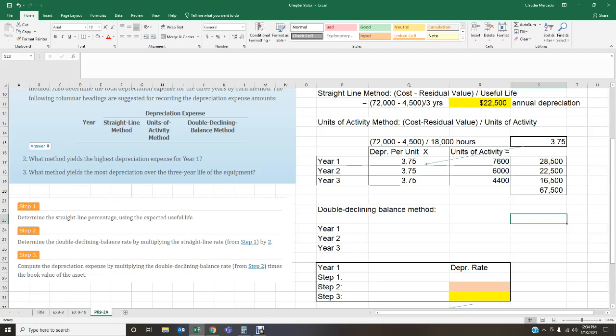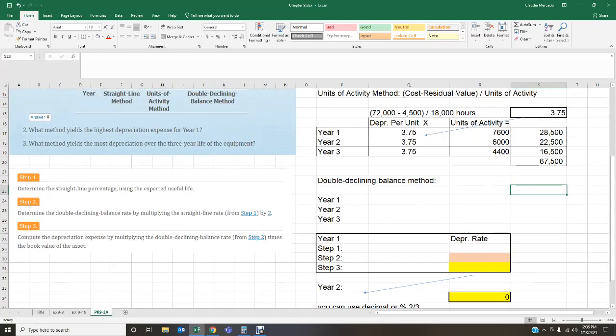So, the first thing we have for year number 1 is we are going to figure out our depreciation rates. So it says determine the straight line percentage using the expected useful life.